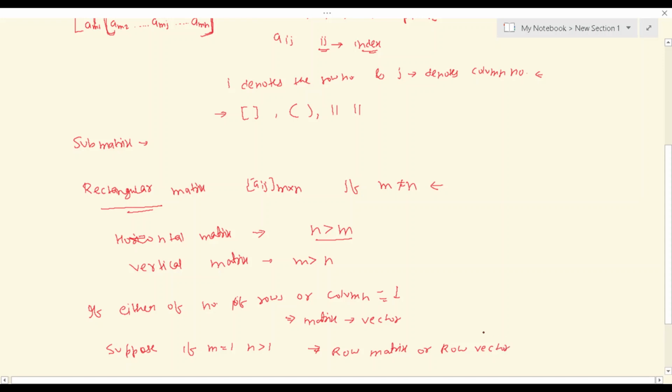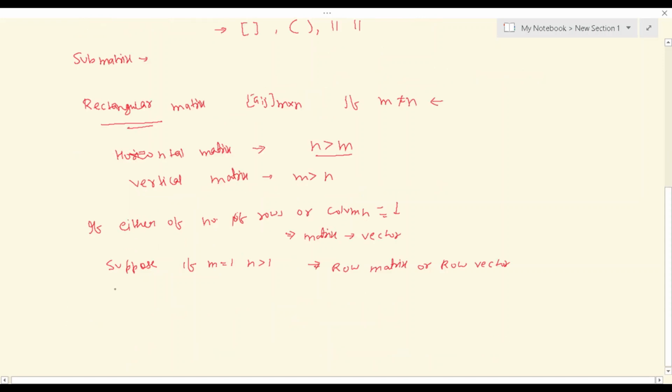Okay, and consider the case where n is 1 and m is greater than 1, then this is our column matrix, or we can also call it a column vector. Okay.